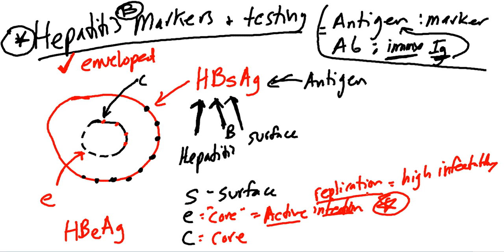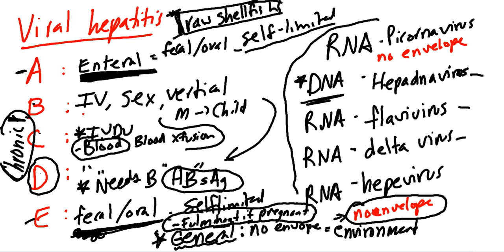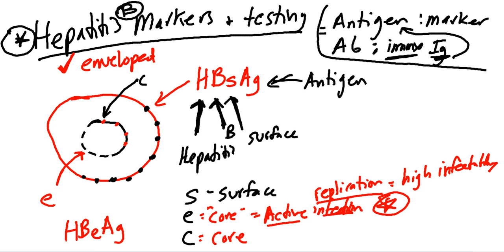So remember, I'm going to go back here. Hepatitis B can get transmitted through IV, sex, or vertical transmission. Now, if a mother is delivering her child and she is expressing hepatitis B E antigen, it means that this virus is actively replicating. It has a high infectability. That mother has a very high likelihood, therefore, of transmitting this virus to the child via delivery.